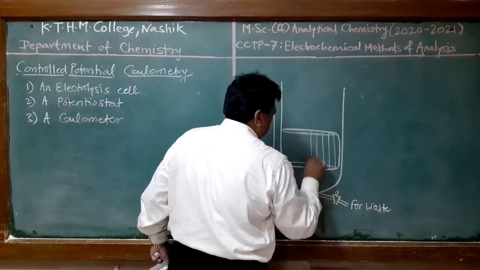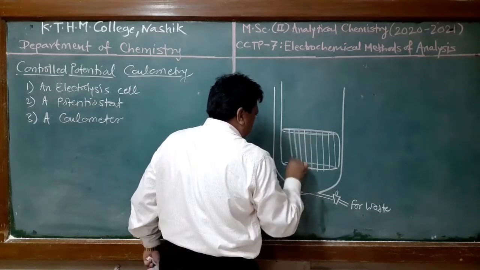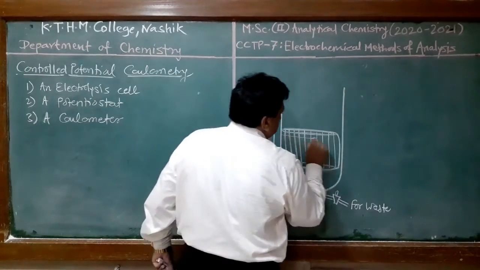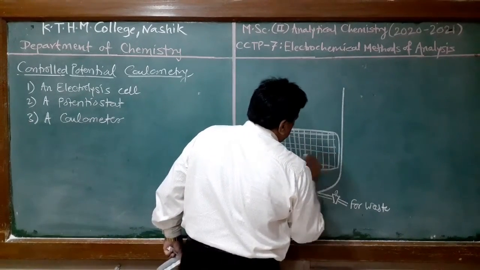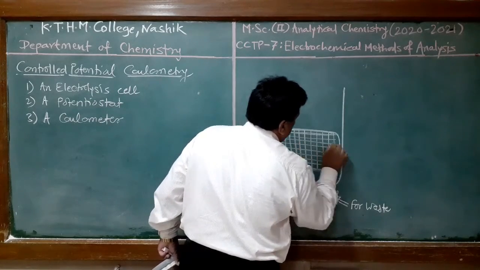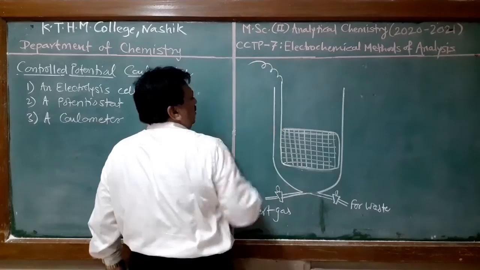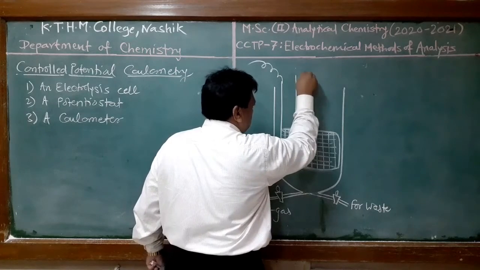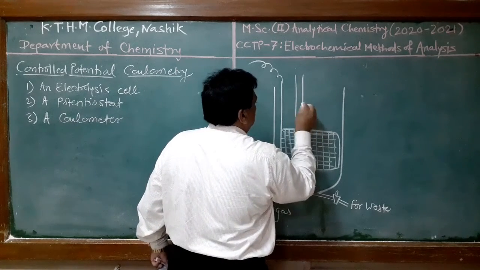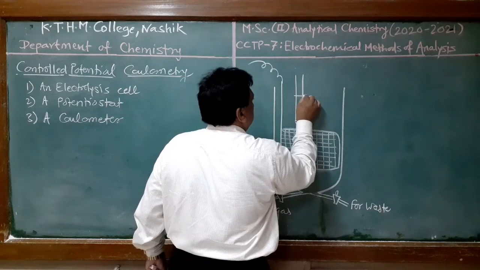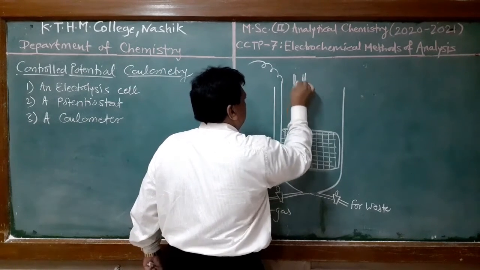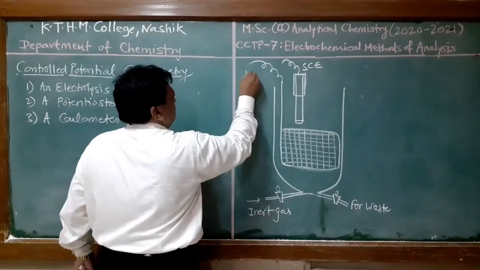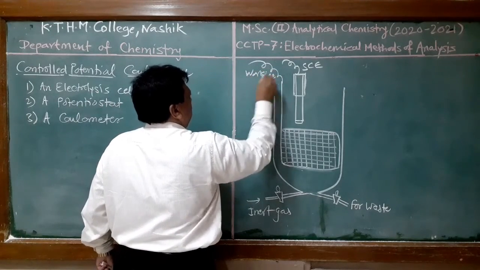The surface area of working electrode is increased by using it in the gauze form. Second one is the reference electrode. A reference electrode, here generally a saturated thallium electrode. This is a working electrode.